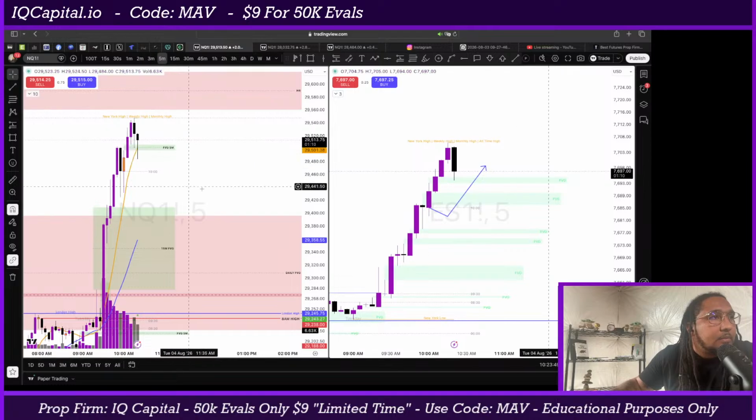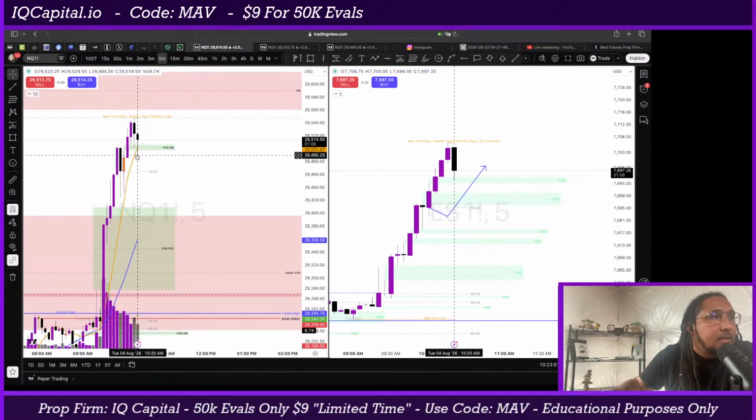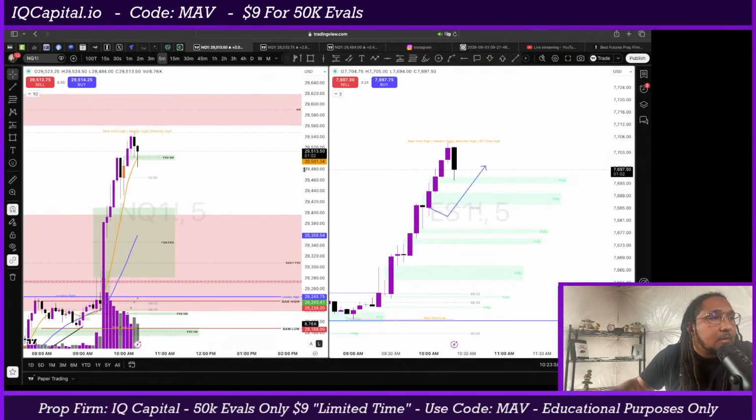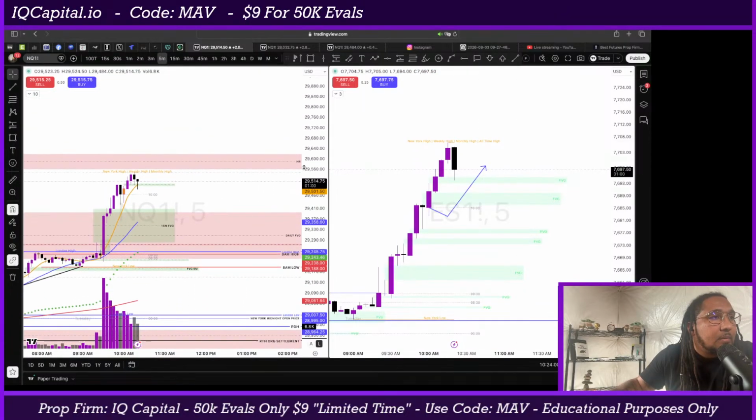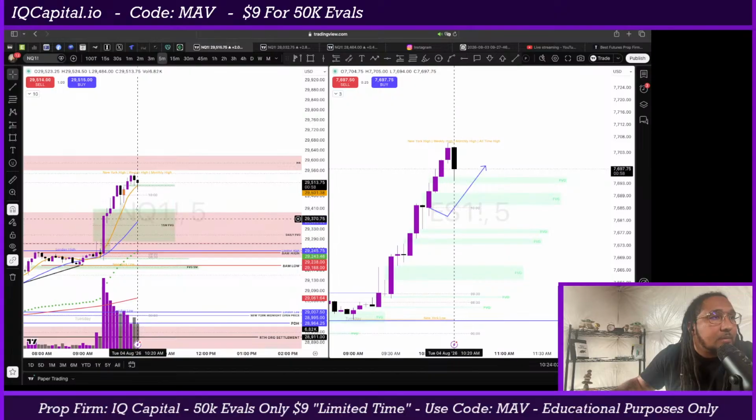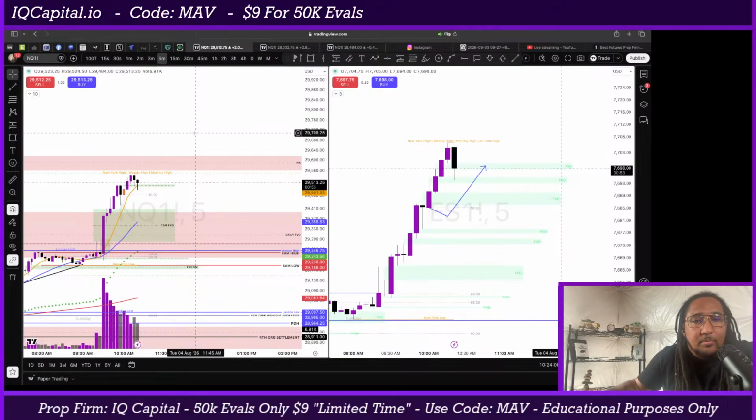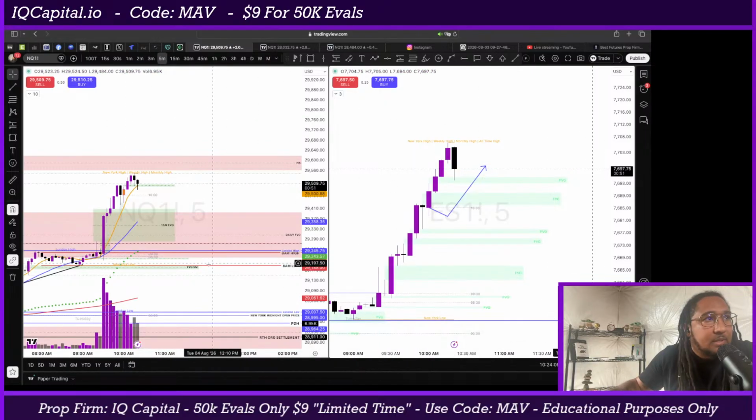Let's see where we are here. So we're bouncing off of this 8 simple moving average here, and this is our 20. We're getting kind of far away from our 20, so that's why it looks like a deeper pullback would be called for. The price doesn't like to move too far away from that 20 moving average.